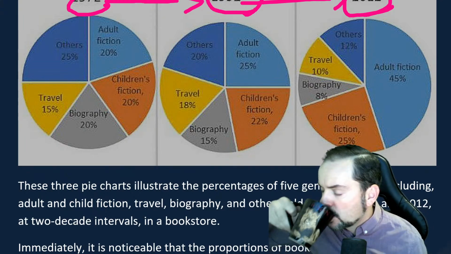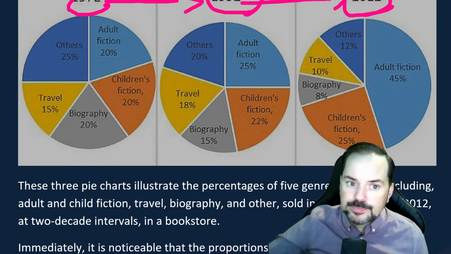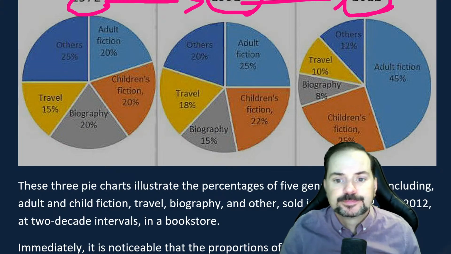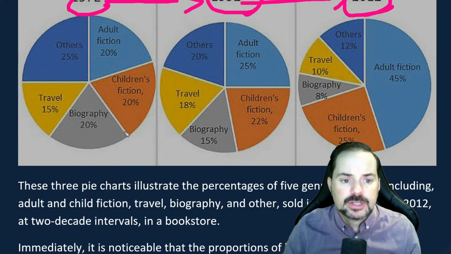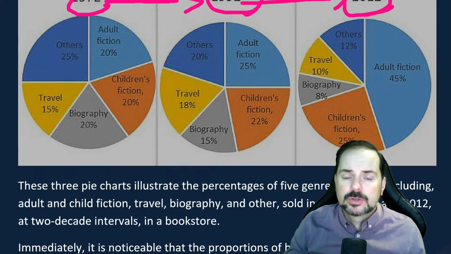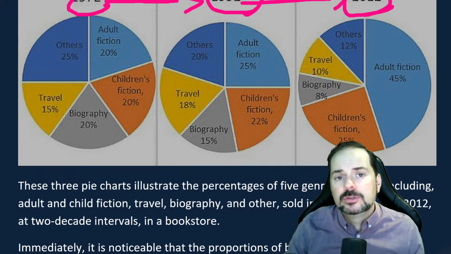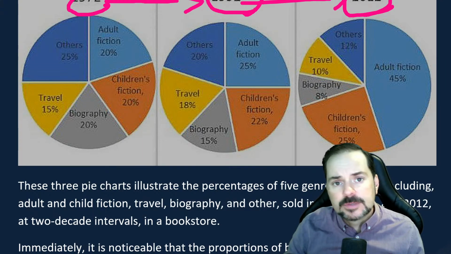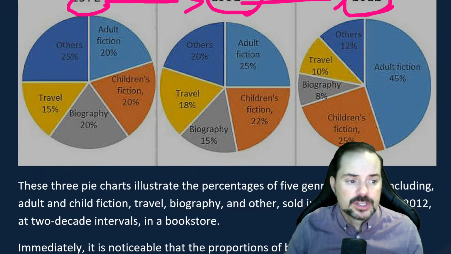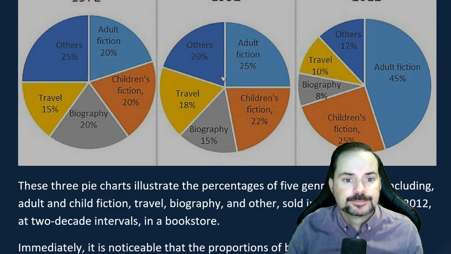All right, so I'm going to describe 1972 first with others, and then compare it to 1992. There are more ways to do this. The way I'm doing this is one way. You can do this in several different ways. Just make sure that you have good structure and good logic, so it's not confusing for your reader.